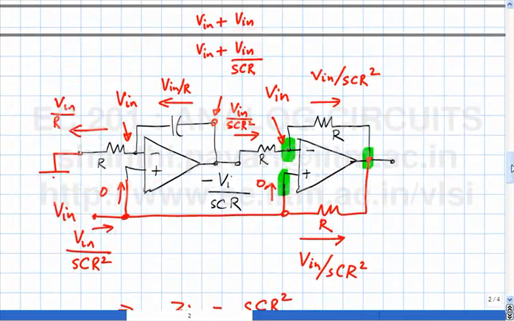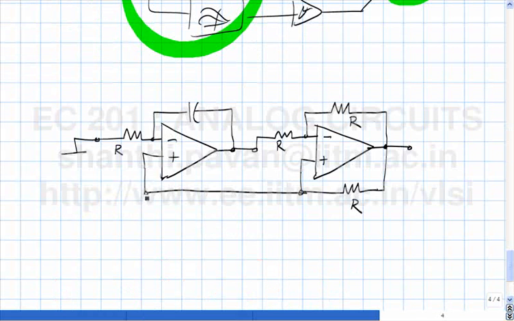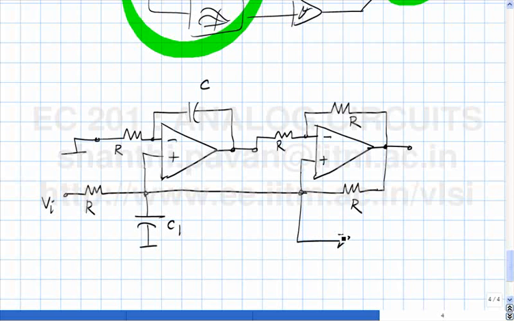inductor and put a capacitor here, C1 let's say, and this is Vi, this is R, and this will give me what?